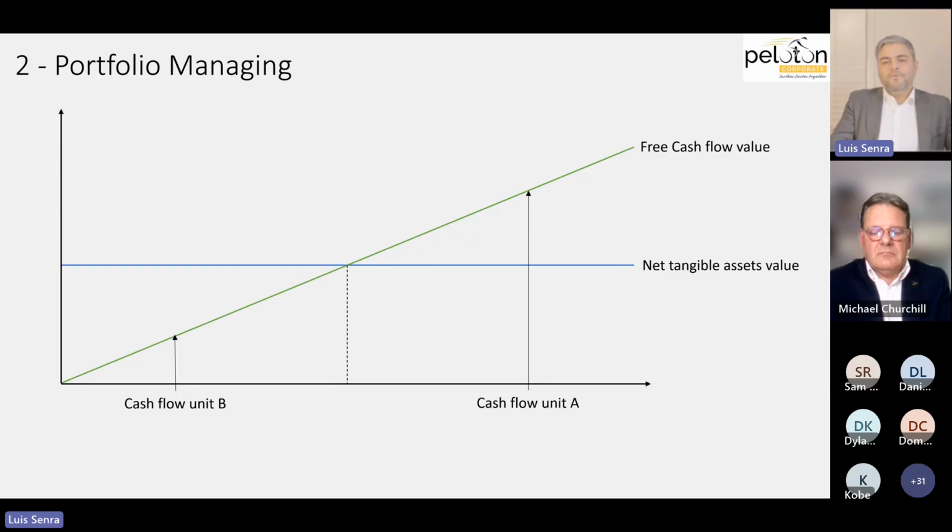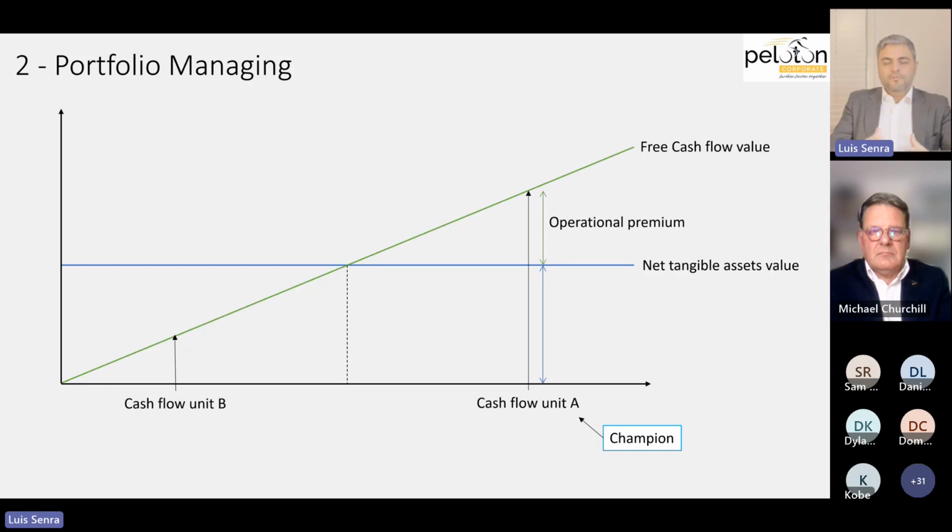When a cash flow unit is on the right side of this chart, it means that this cash flow unit creates a positive operational premium. And usually we are going to call this cash flow unit a champion. If we find a champion inside the company, this is gold, okay? Because this is something that we can replicate.